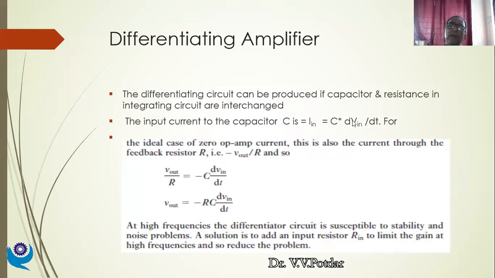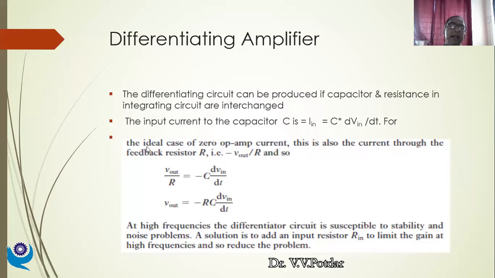Now how is this arrived at? V in is equal to 1 by C integral of I dt. The same thing, rearranged. So I in is equal to C into dV in by dt.